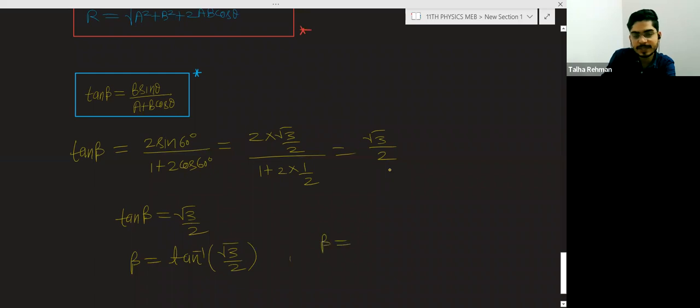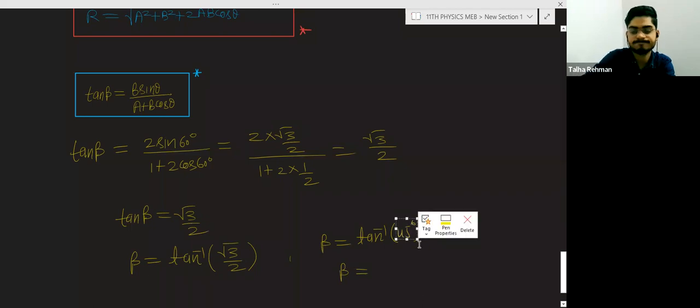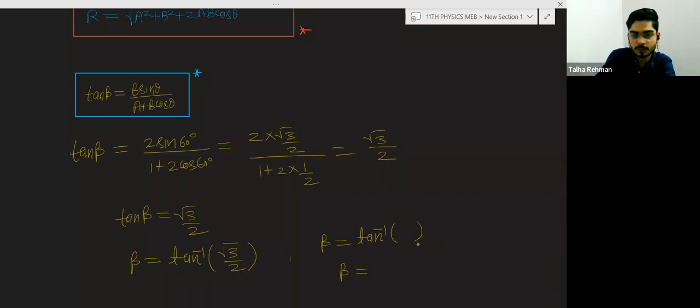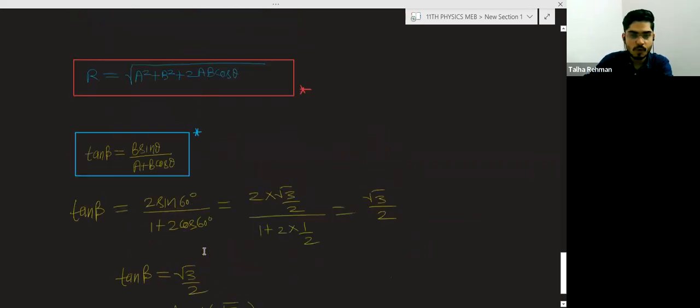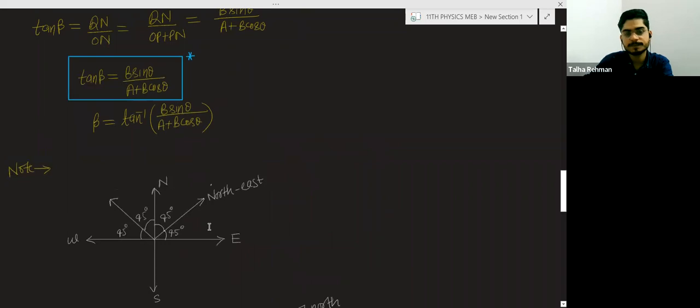Suppose your beta is like this, tan inverse of 1. Then we can write beta as 45 degrees. But here it is the root 3 by 2 value, so you can write this beta in this form only. So your beta is tan inverse root 3 by 2. So what is the beta?